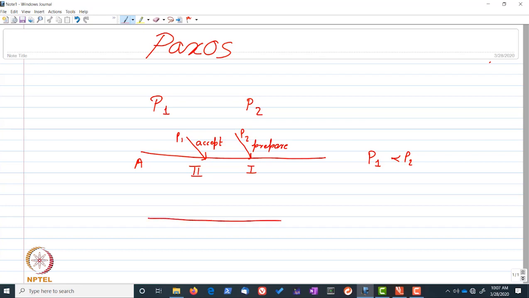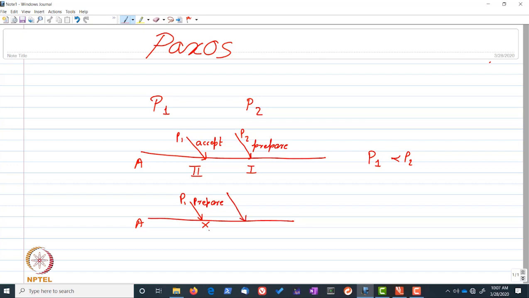We can have another case at the common acceptor where P1 sends its prepare message. Then the prepare message gets cancelled because that n greater than max prep check fails.